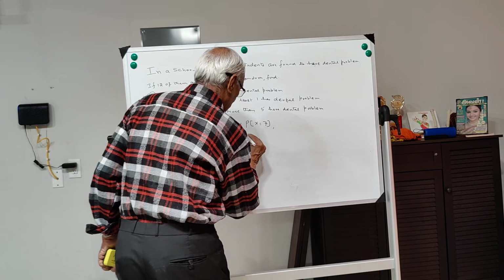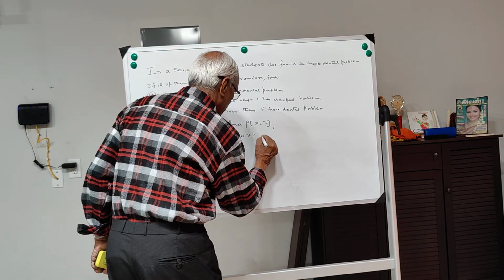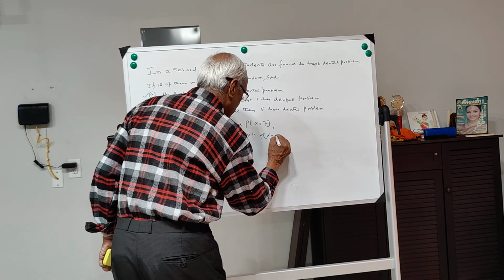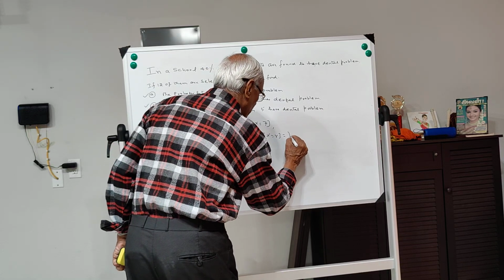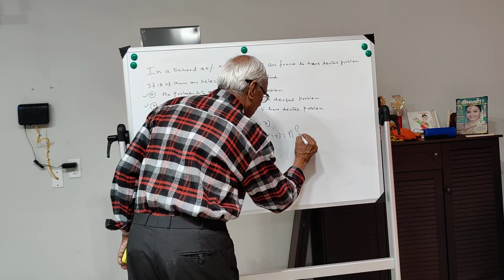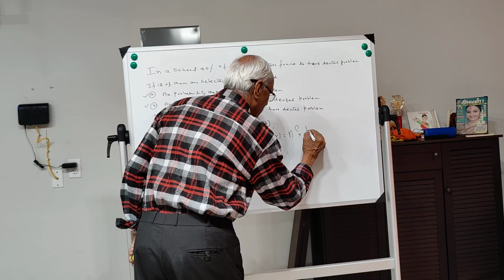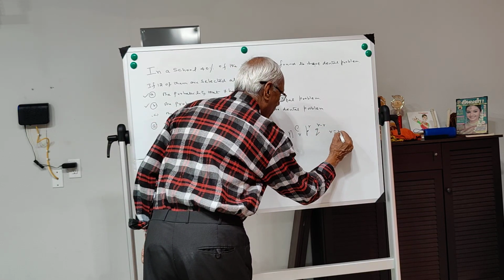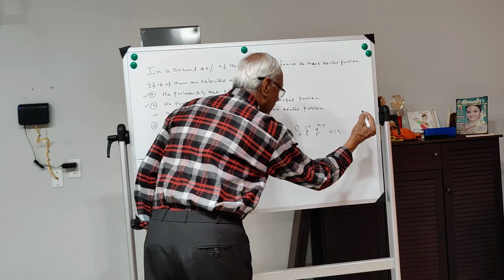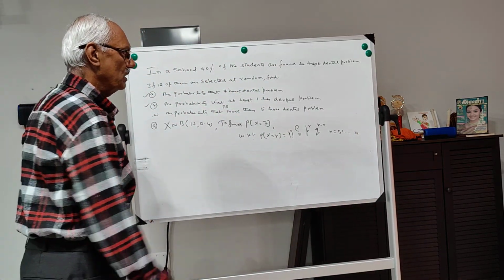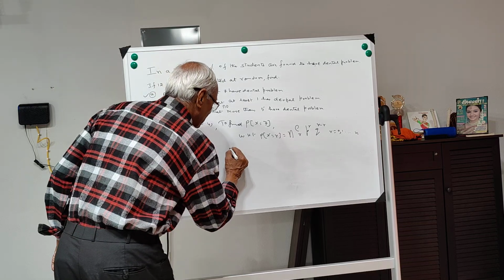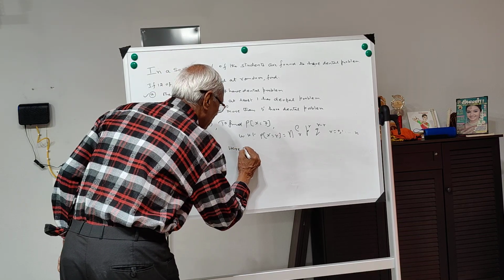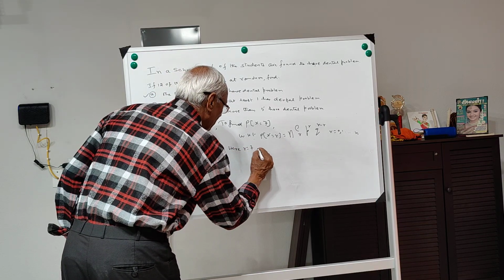We know that P of X equal to r is equal to nCr, p to the power of r, q to the power of n minus r, for r equal to 0 to n. So here r is equal to 7.